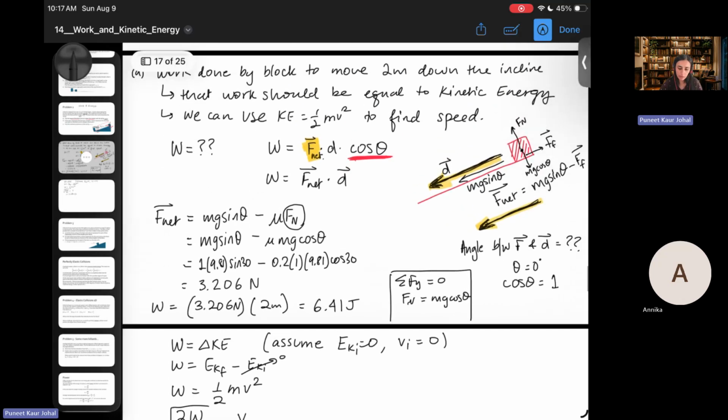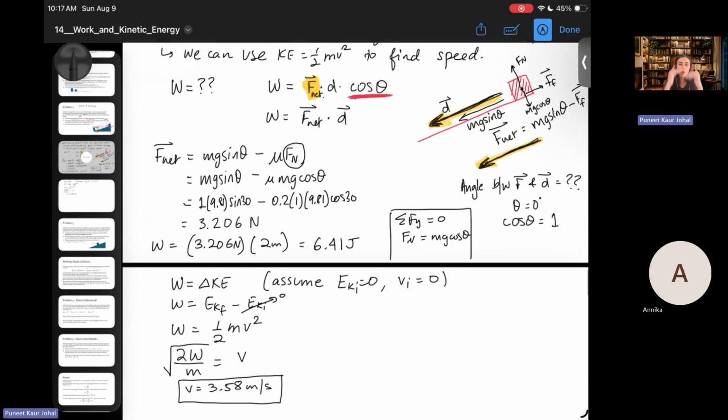Look at the question one more time. Are you able to follow through the steps we just did? It's 2W over mass and the root of that, right? Correct, yes. 2 times 6.41, right? Yes.